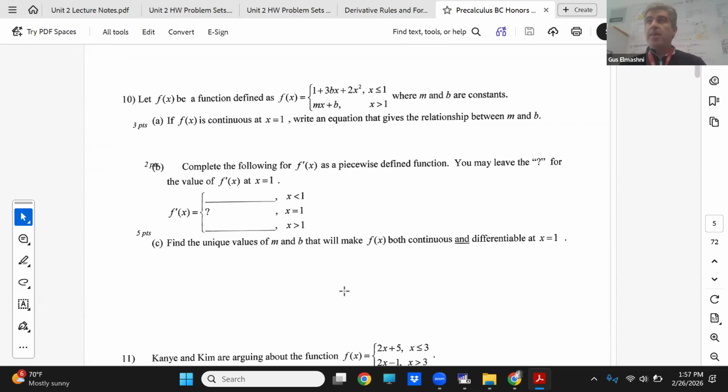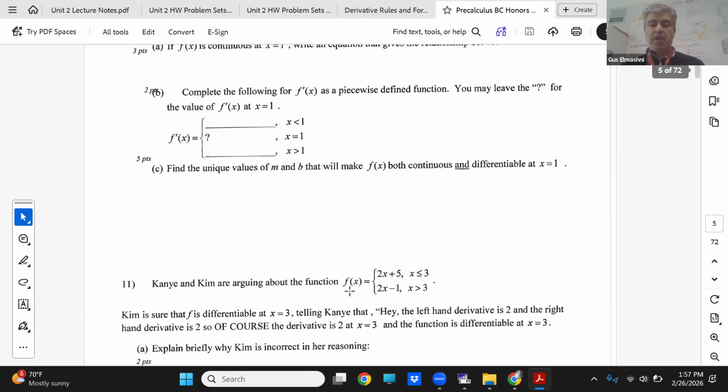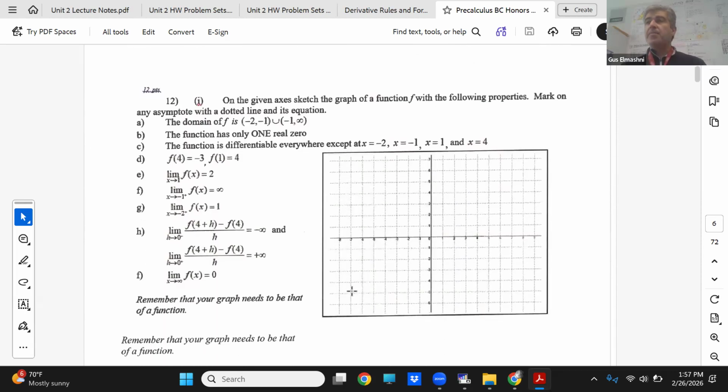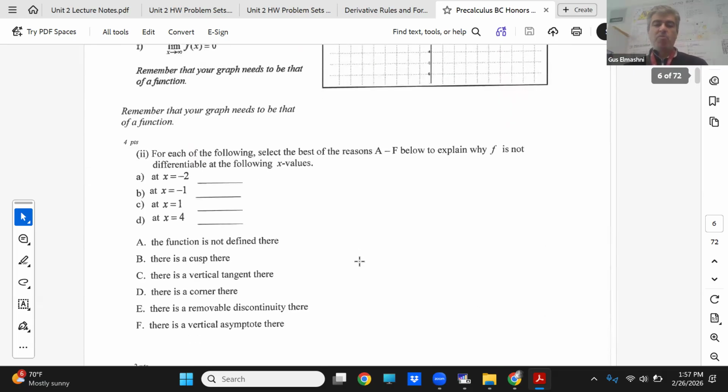I love questions where you have to force the issue of continuity and differentiability, solving for constants, some things with piecewise functions, and my favorite, where you have to use all the conditions and make a graph from it.